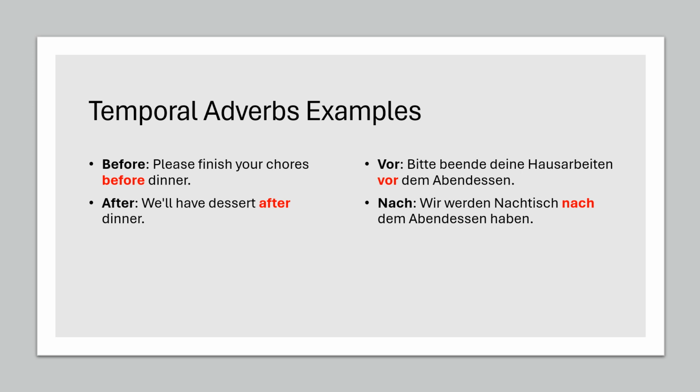Then is another temporal word. She went to the store and then she went home. How do you say that in German? Sie ist zum Geschäft gegangen und dann ist sie nach Hause gegangen.